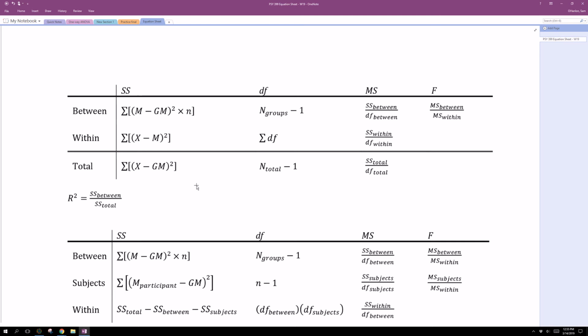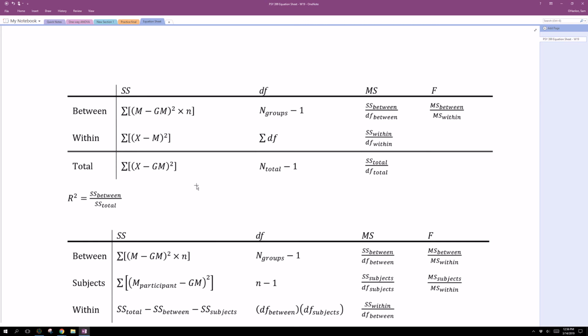Okay. So to calculate the mean, use the same equation as before. So what you're doing here is just like you took deviation scores before to calculate the sum of squares, except you're taking the deviation between the mean and the grand mean instead of scores and the mean. Right?